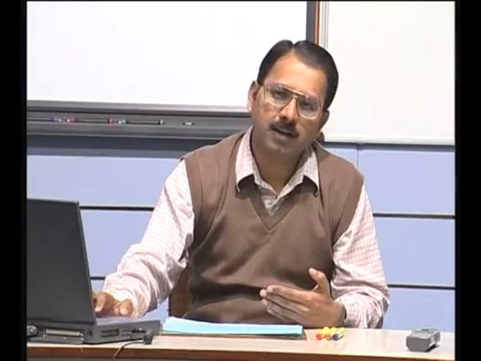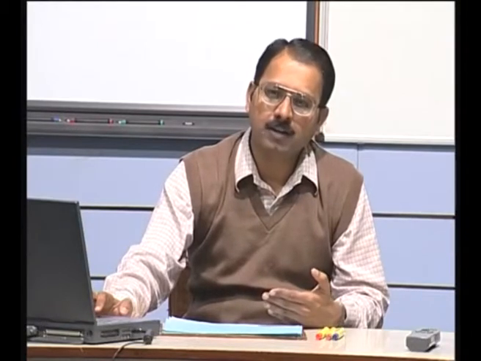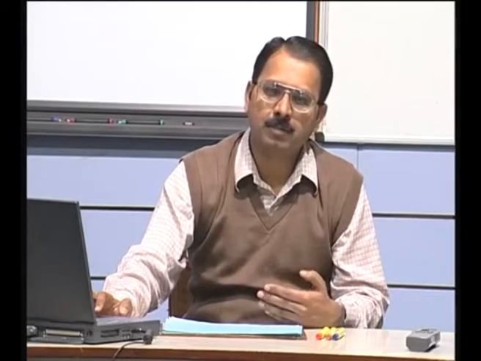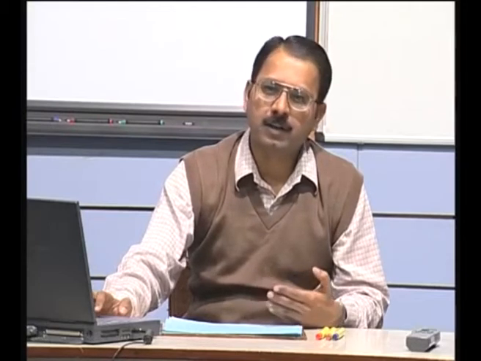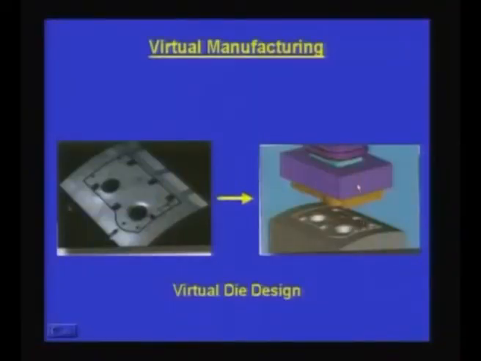You may arrive at an incorrect or undesirable part, not necessarily because of spring back; it may be because of a deflection of a press, or because the alignment of the two dies is not proper. So, there can be many other problems which can be predicted in a typical virtual manufacturing scenario.